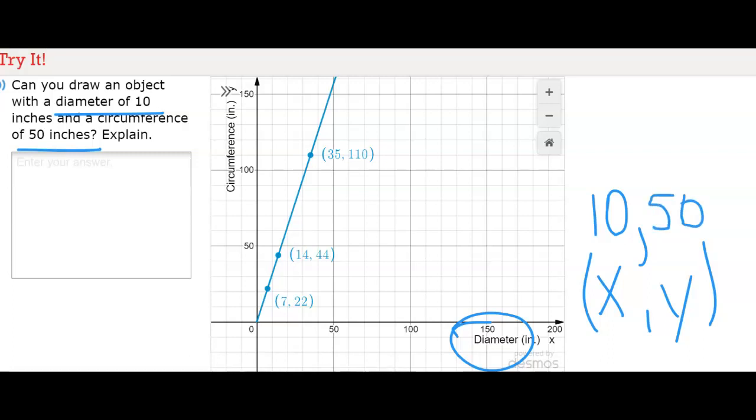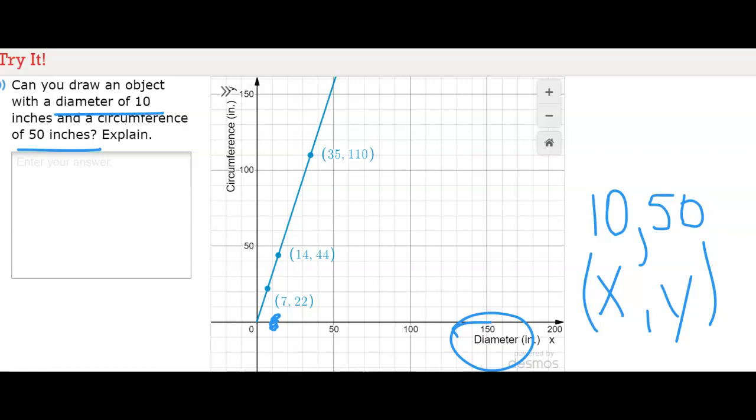I'm going to look first on the x-axis for 10, and 10 would be about here because it's going to be counting by 10, 10, 20, 30, 40, and then 50. So that's 10 here. I'm going to just circle it just to identify that point. And then I have 50 on the y-axis, which is here.